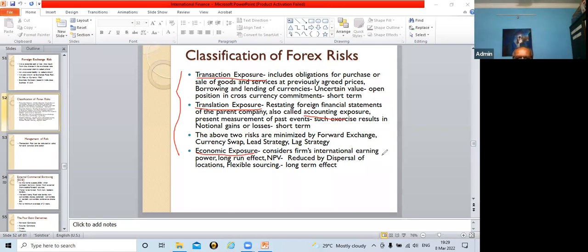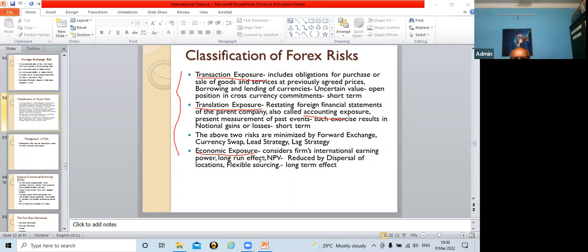So these are the 2-3 factors which are involved in economic exposure: population, then political stability. On the basis of that, economic exposure can be known.